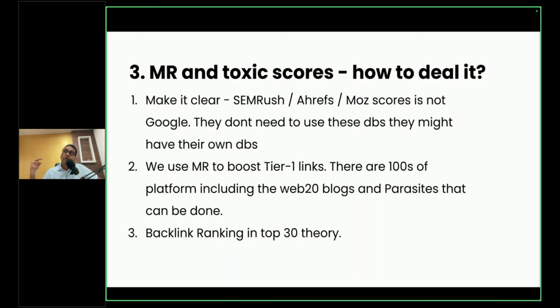Why I'm sharing this theory, to be honest, is that I still see a lot of local keywords where the money robot blog posts are ranking in the top 30. Yes, nobody is going to share this theory with you.